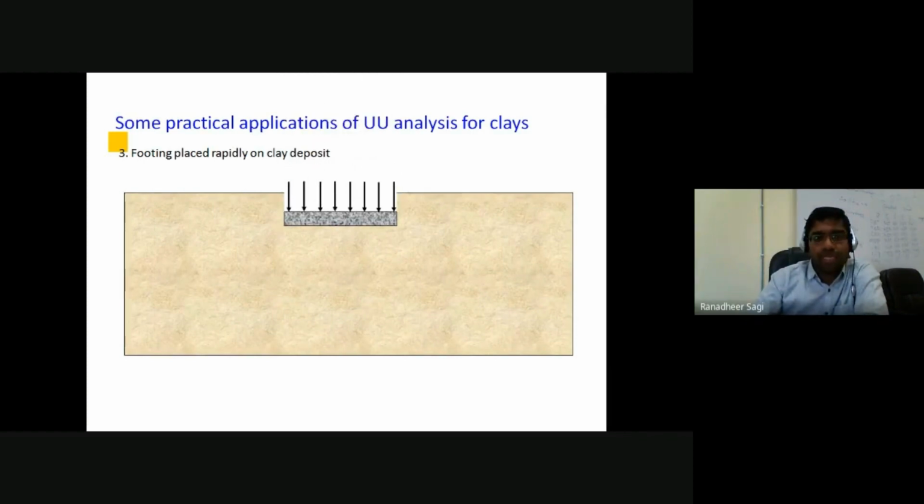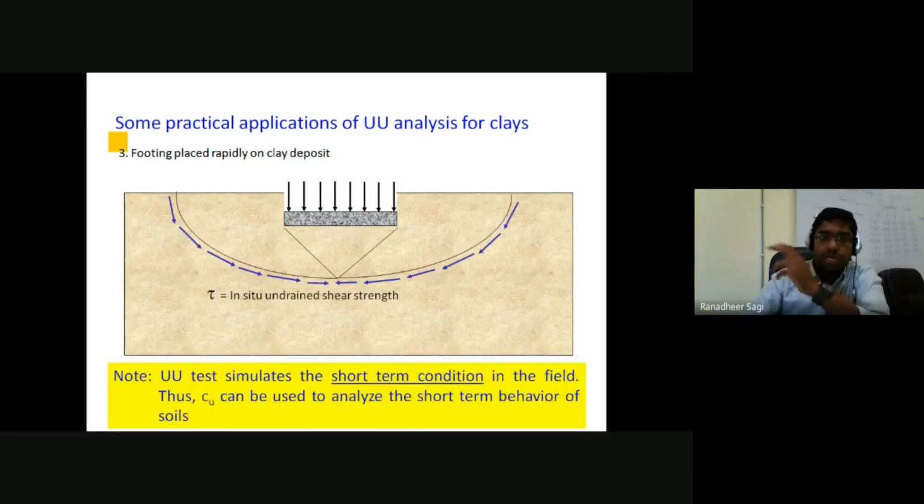So in that undrained state, if I want to know the shear strength parameters of the soil, then I have to conduct a UU test on the soil sample to get the undrained shear strength parameters. The UU test simulates the short-term condition in the field, because I want to understand how the strength characteristics of the soil change, even in the earlier examples or in this example.